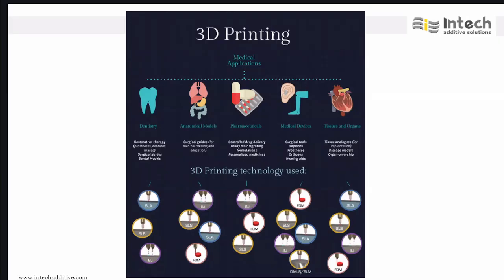And the next one is the material jetting process, where if you want to go in for multi-material or color printing, then we can choose this process. And the last one is binder jetting. So binder jetting is for making large parts, and if you quickly want to make a part, then you can go for this binder jetting process.